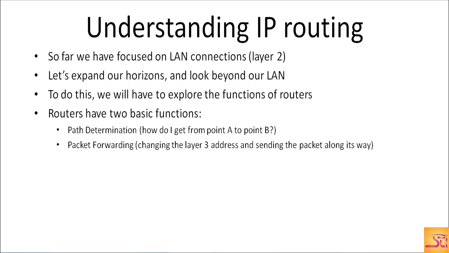Now, this sounds very simple, and at its core, it is quite simple. Routers are pretty simple devices when you break them down like this. However, setting up the path determination, how do I get from point A to point B, will take years to master, especially the larger networks that you work on. And here in the ICND1 course, we're just going to scrape the surface of this.